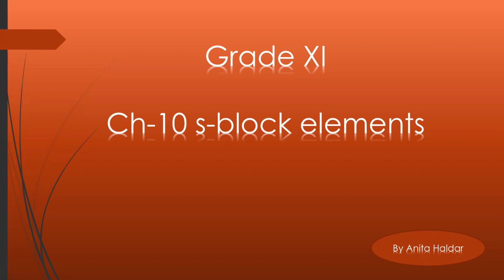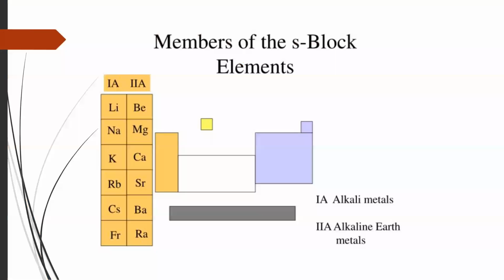Welcome all. Today we are going to learn more about S block elements. What are S block elements? S block elements comprise basically two groups of the modern periodic table, that is group 1A and group 2A elements.